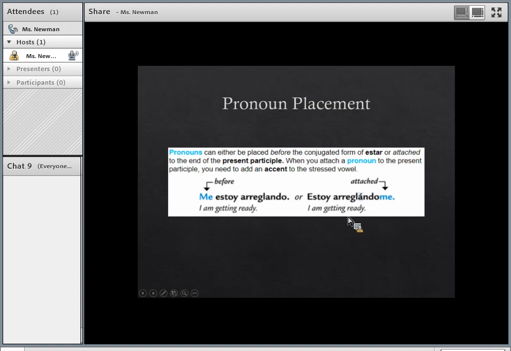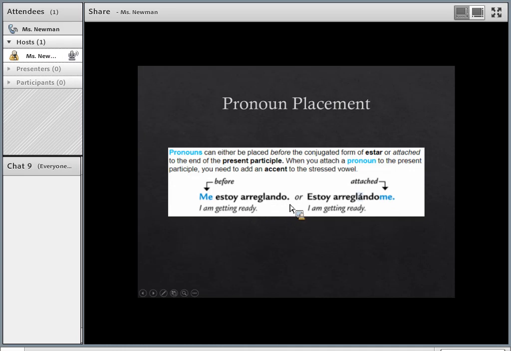Hopefully you remember from one of the past sessions that the rule in Spanish is that the second to last syllable gets the emphasis or the accent, right? So let's look at this word here. Arreglando. Let's do this side right here where there's nothing else attached.